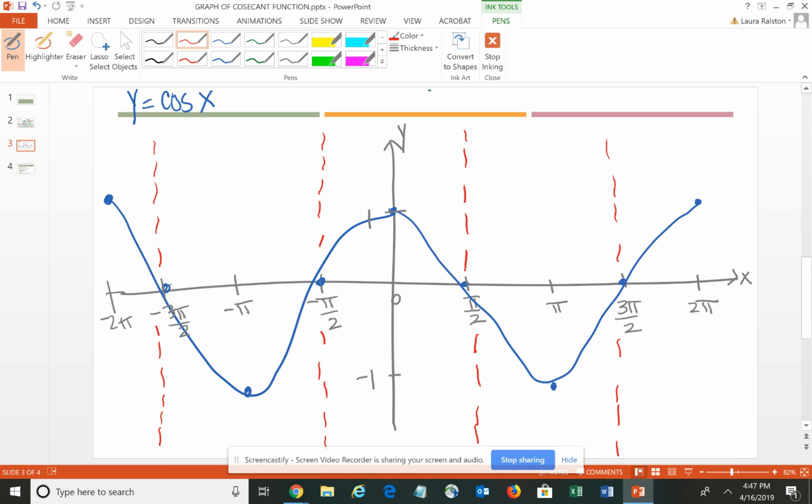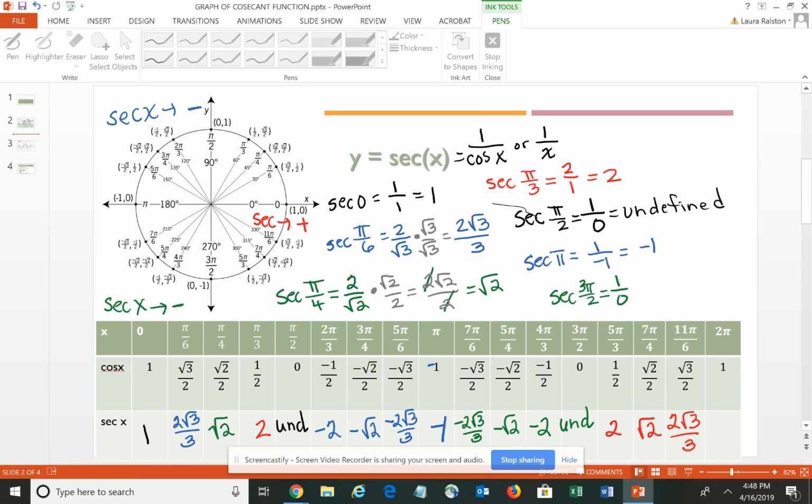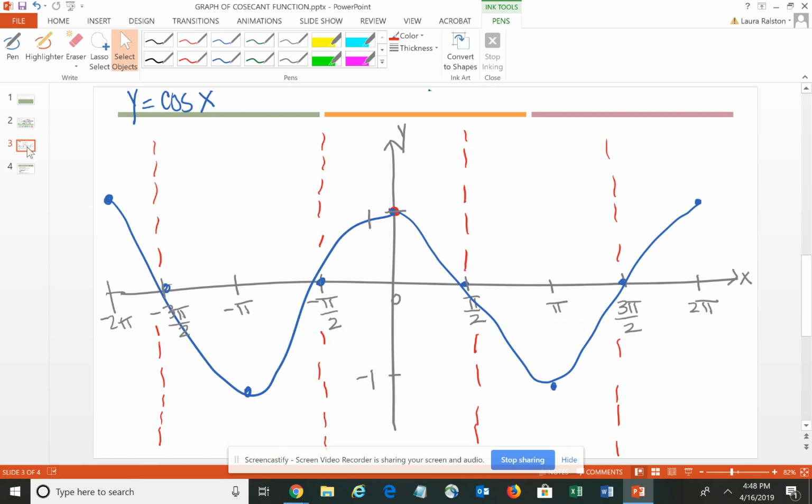And then again, if we use the idea of the reciprocal, the secant at 0 was 1. At pi sixths, we had 2 square root 3 over 3, which is roughly 1.1.